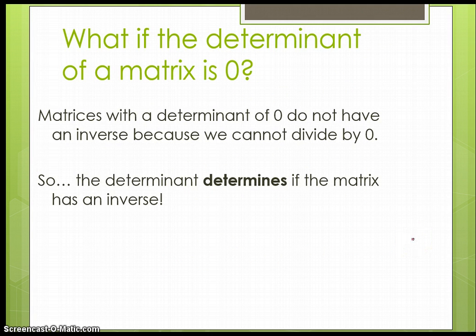So what if the determinant of the matrix is 0? Matrices with a determinant of 0 do not have an inverse because we cannot divide by 0. So the determinant tells us if the matrix has an inverse. If you get any number besides 0, then you get an inverse. And then I'll show you what you can do with that.